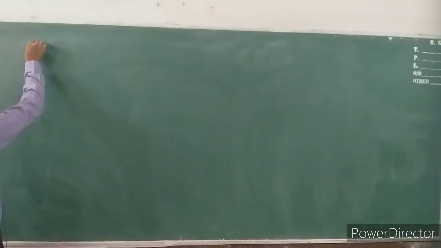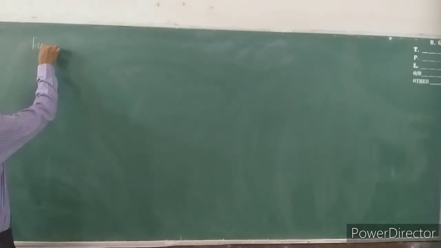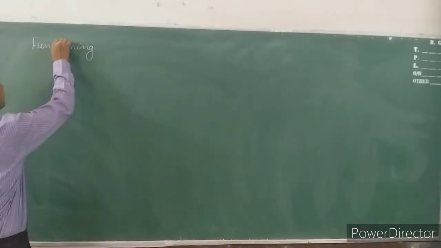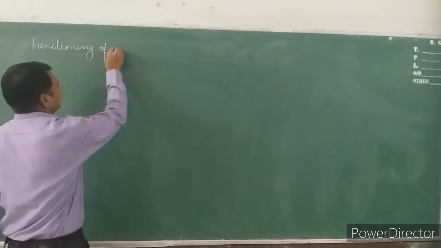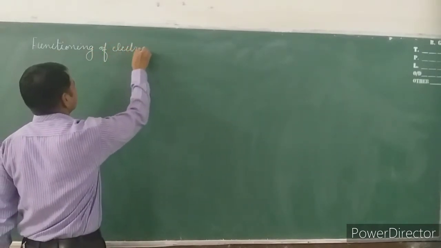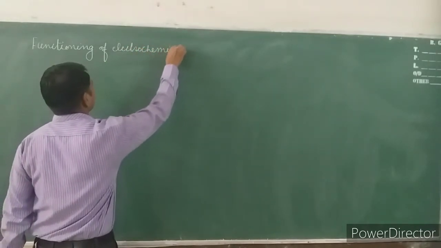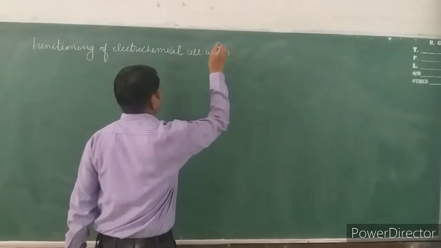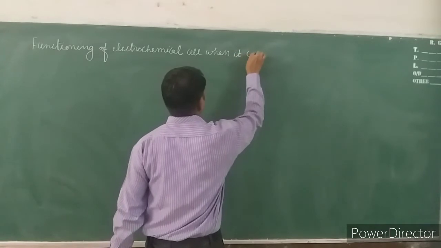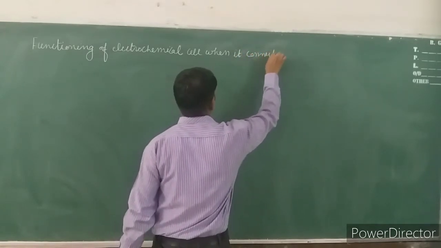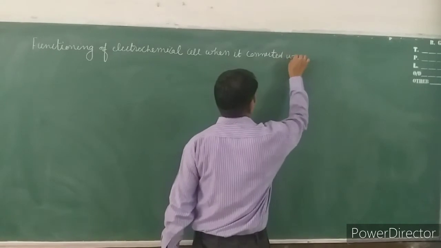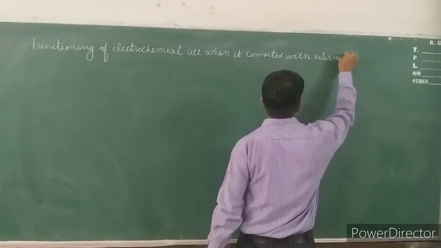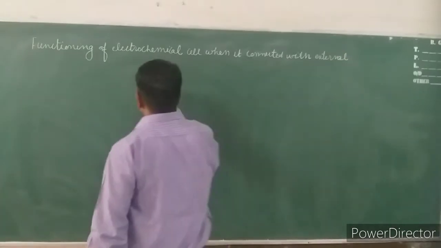So we can write this topic in this manner: functioning of electrochemical cell when it is connected with external source of battery or external source of current.